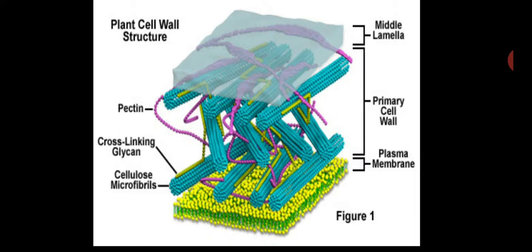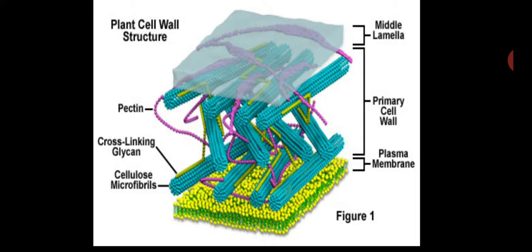Okay, so typically the secondary cell walls are cellulose and hemicellulose with either lignin or chitin or suberin, depending upon the need and function of the cell.